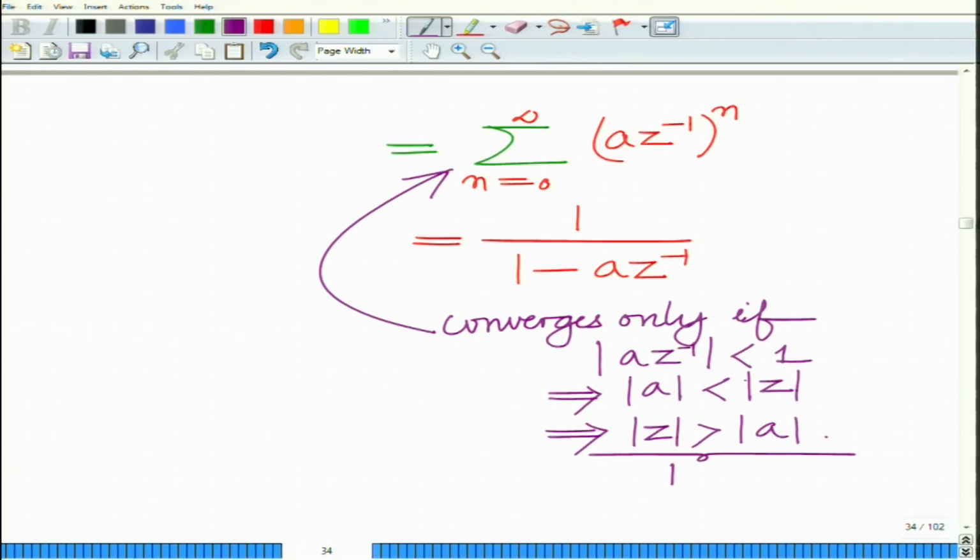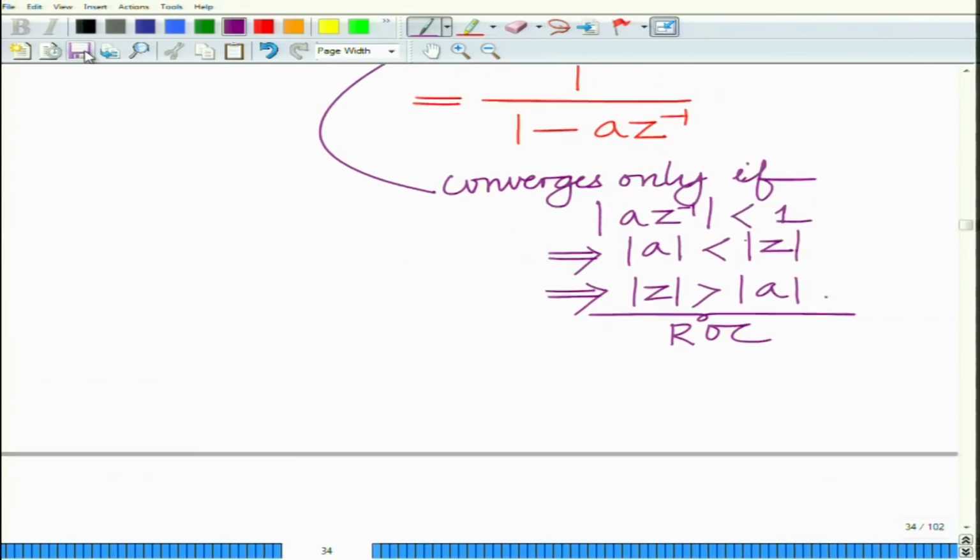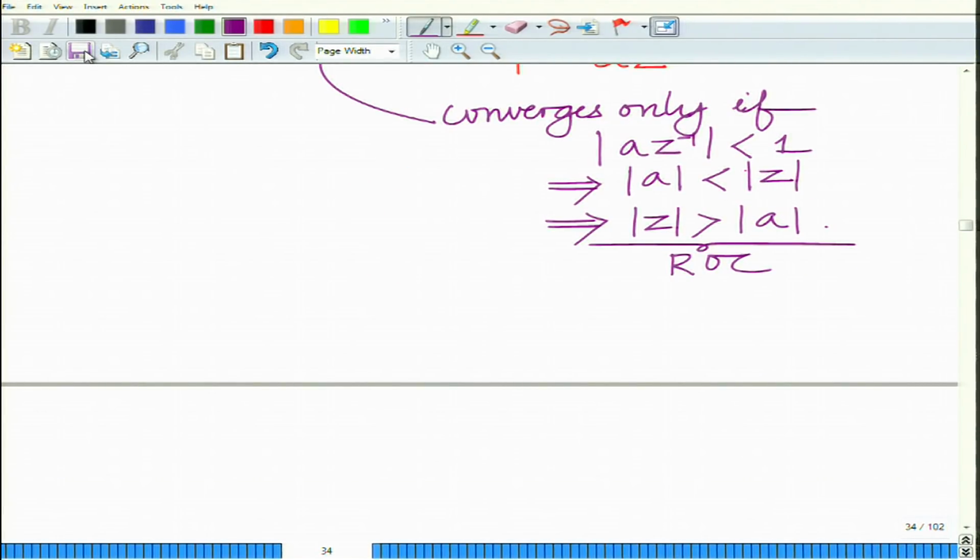And this is basically your ROC. This is the region of convergence for this Z transform. So, a raised to power n u[n], the signal has Z transform 1 over 1 minus a z inverse. However, the Z transform converges only if magnitude of z is greater than the magnitude of a.